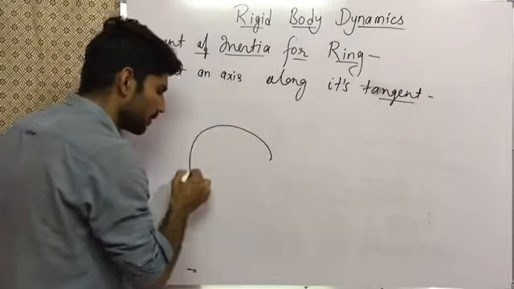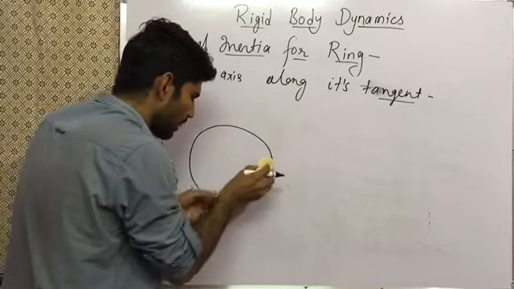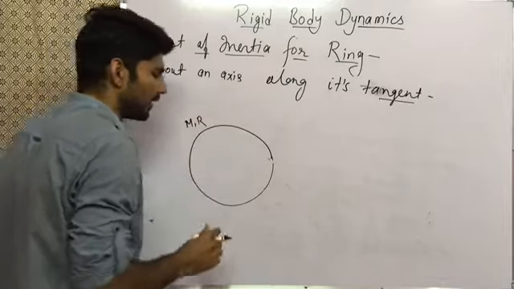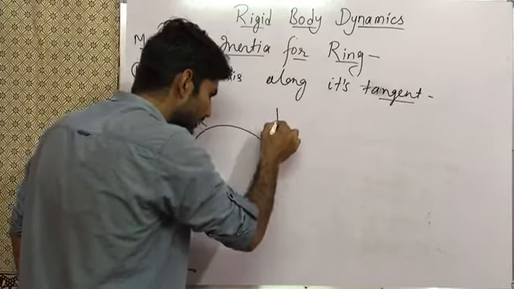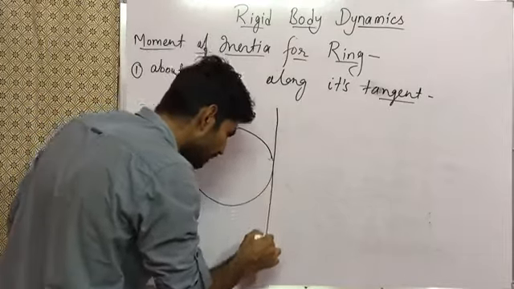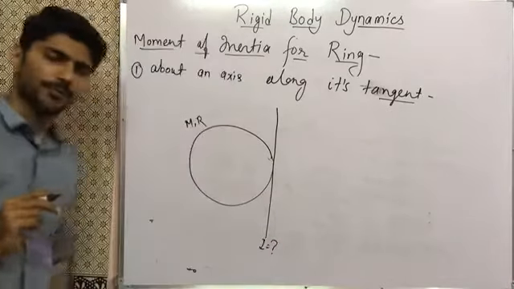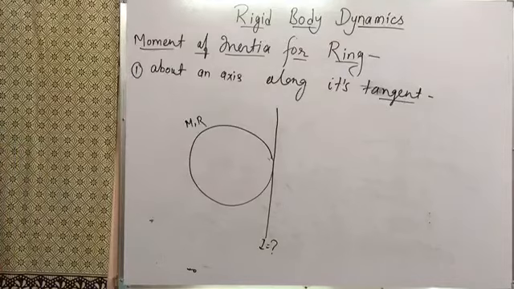Here this is the ring. Assume the mass capital M and radius capital R, and this is the axis along the tangent where we need to derive the formula of moment of inertia.